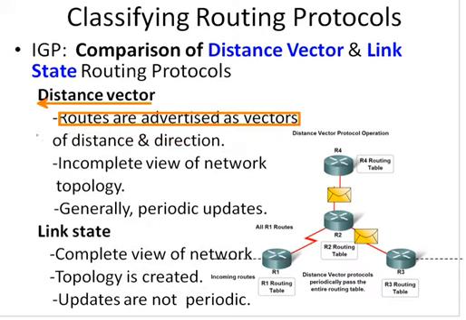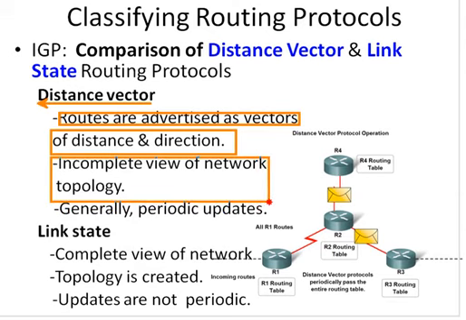It only cares about distance and direction, not other parameters like delay, bandwidth, load and reliability; there are a lot of metrics that I'm going to discuss very soon. Second point, it has an incomplete view of network topology. It only knows about the routes advertised by the neighbor. It does not have a complete topology, it only has one single best path at one time, and generally sends periodic updates.